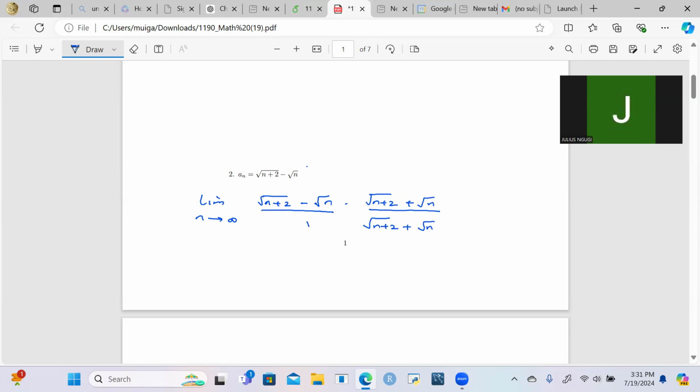And then we observe that in the numerator, it's of the form a minus b, and this is a plus b. So a minus b times a plus b will be a squared minus b squared, divided by 1 times a plus b.